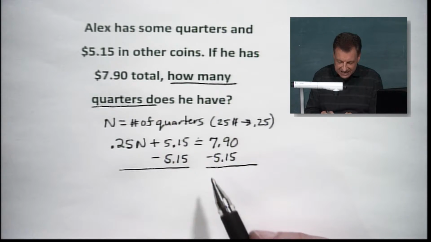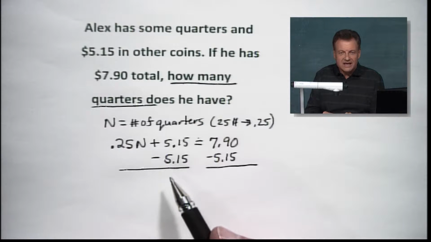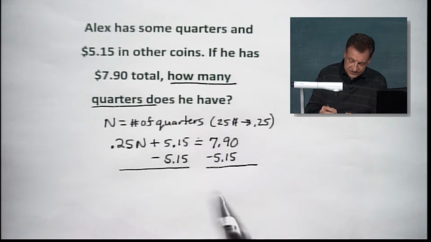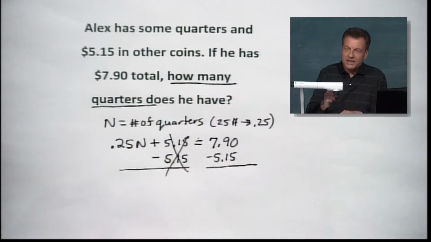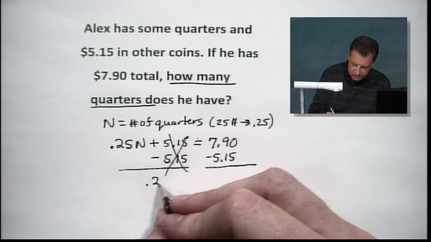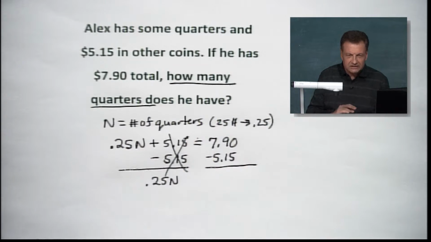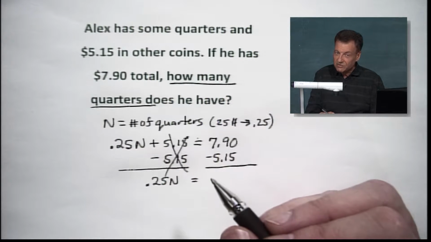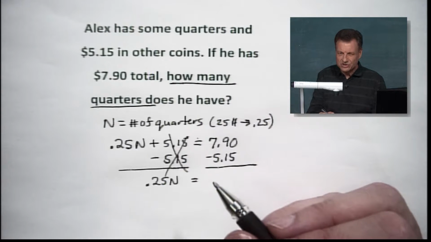Think of it as adding a negative or subtracting a positive. In this case, we're subtracting $5.15. Now, say goodbye to it on the left. That was the whole point. That's why we choose those numbers, so they'll disappear. Unfortunately, we can't get rid of the 25 yet, but we'll deal with that. By the way, keep that decimal. Don't lose it, because if we don't have it there, we're going to have a strange-looking answer.